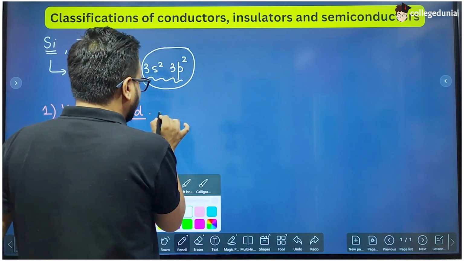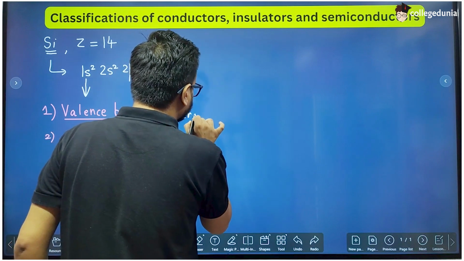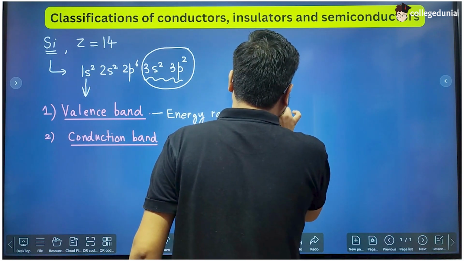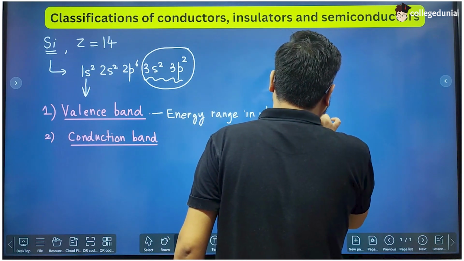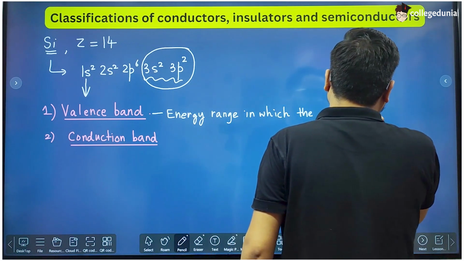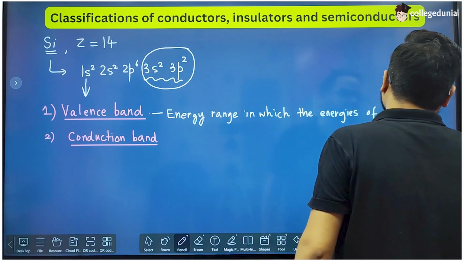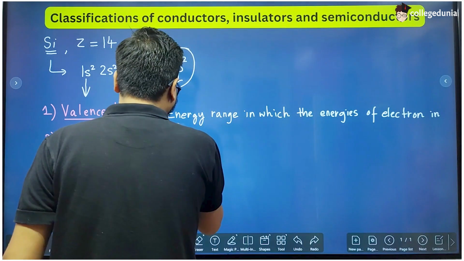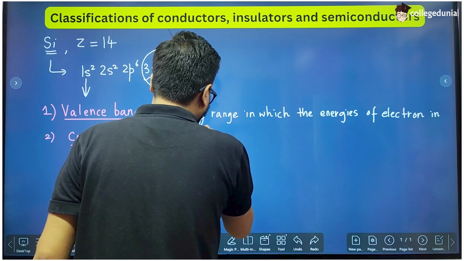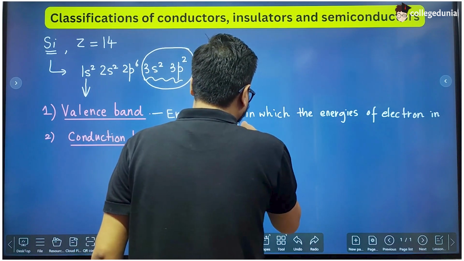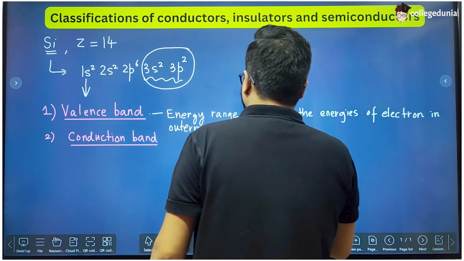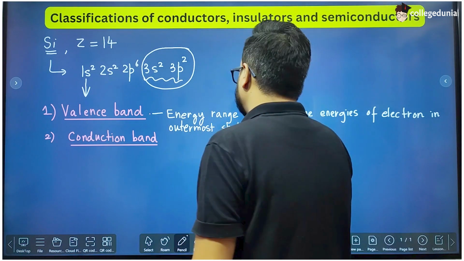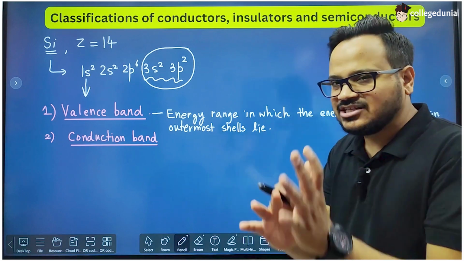So it is the energy range in which the energies of electrons in the outermost shells lie. The energy range of the electrons in the outermost shell is called the valence band.